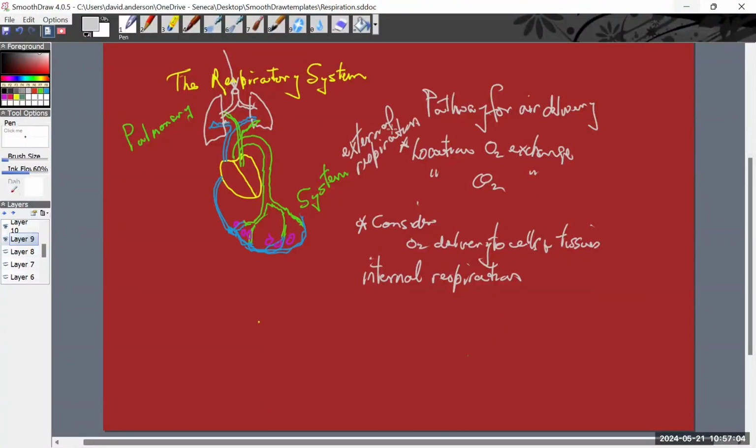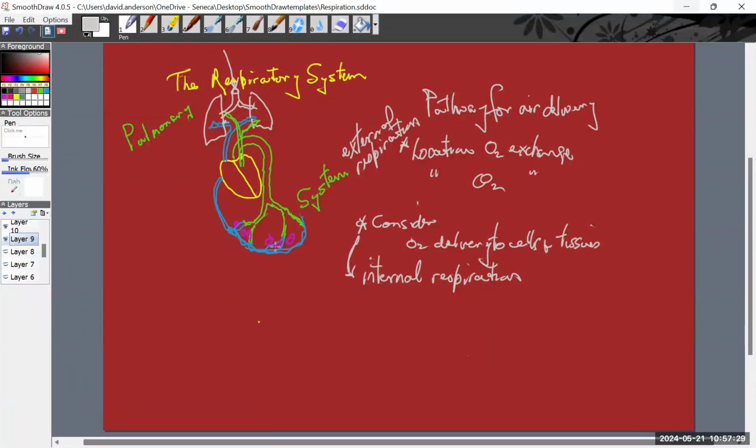So when we think about the respiratory system, we want to be aware of the location for external respiration as well as internal respiration. As far as the cells are concerned, internal respiration is about oxygen delivery to the cell and CO2 removal from the cell. So that's what we're talking about when we talk about internal respiration.